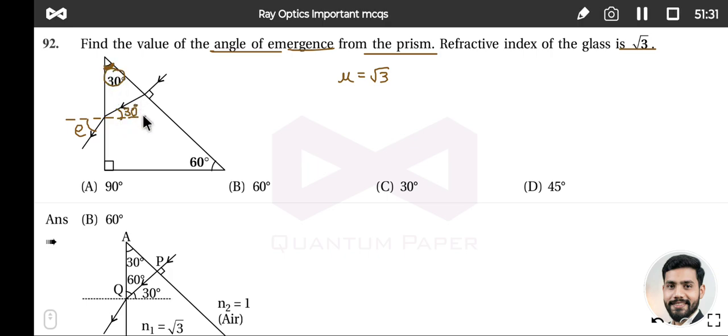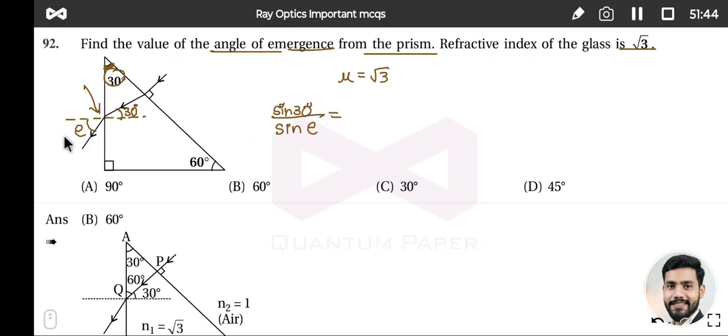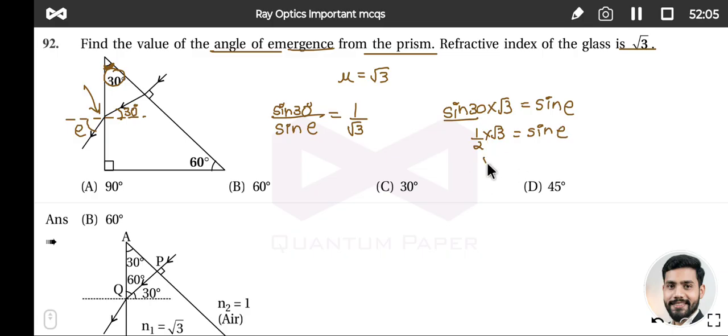If you apply Snell's law at this position, sine 30 upon sine E is equal to the outside refractive index, which is air, so 1, upon the inside refractive index, which is glass, so root 3. Cross multiplying, sine 30 multiplied by root 3 is equal to sine E. Sine 30 is 1 by 2, so 1 by 2 into root 3, which is root 3 by 2, is equal to sine E. At what angle is the sine value root 3 by 2?